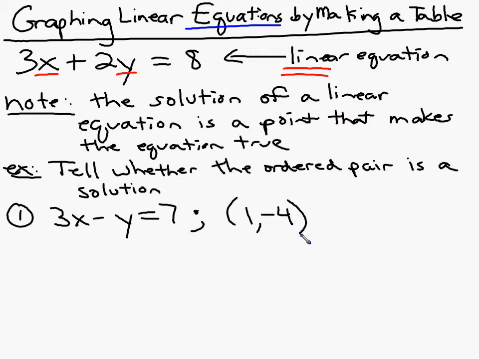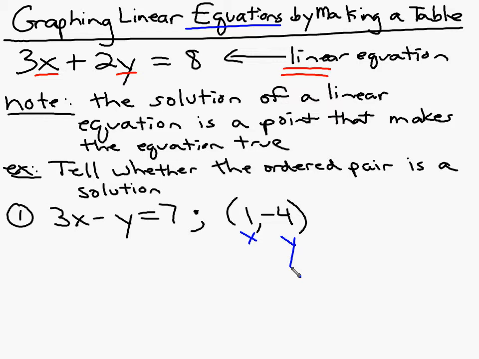That 1, -4 is an ordered pair. The first number, is it an x or a y? The first number is an x. The second number is a y. It's what we call an ordered pair because it's a pair of numbers and it's always in order with an x first and a y second. This is very simple.